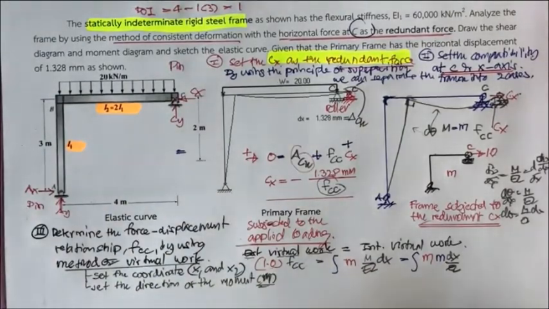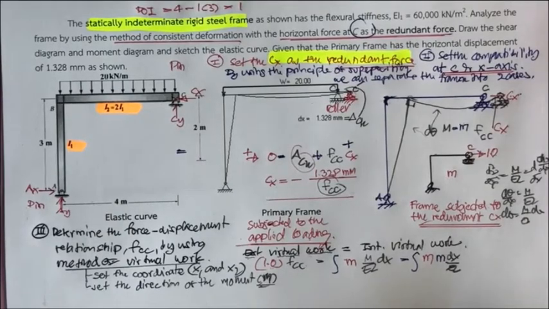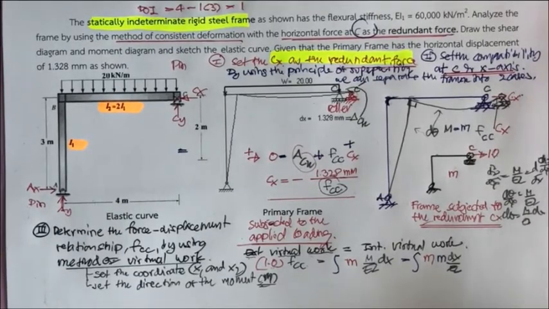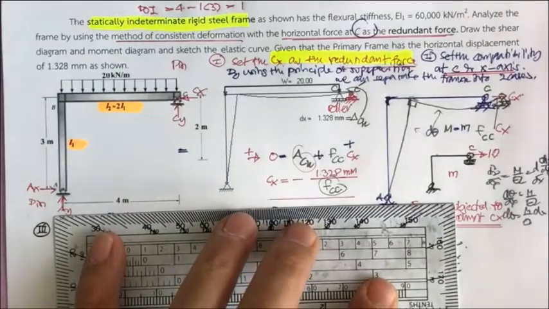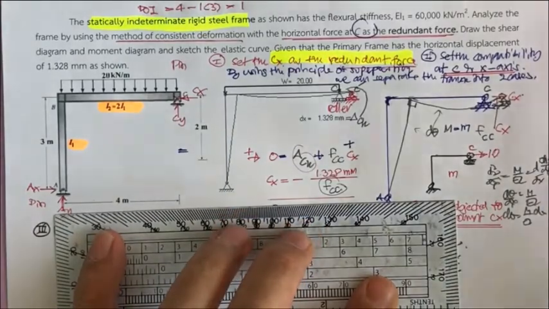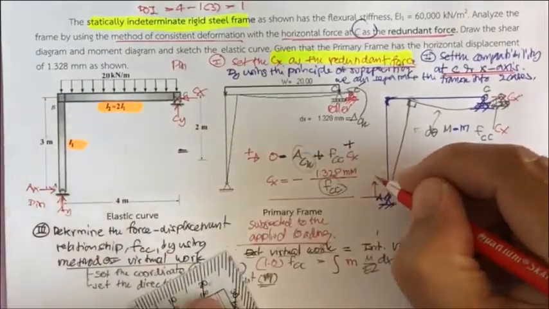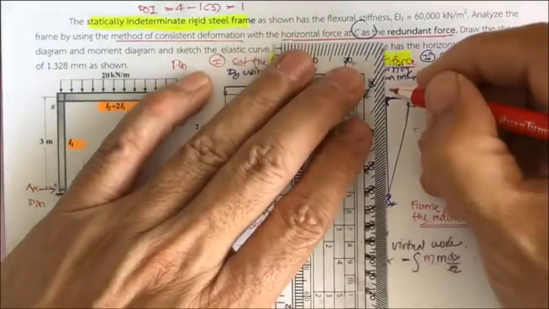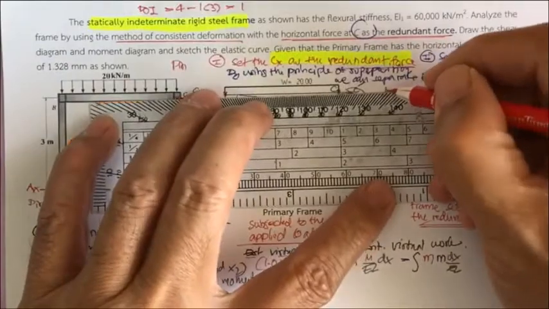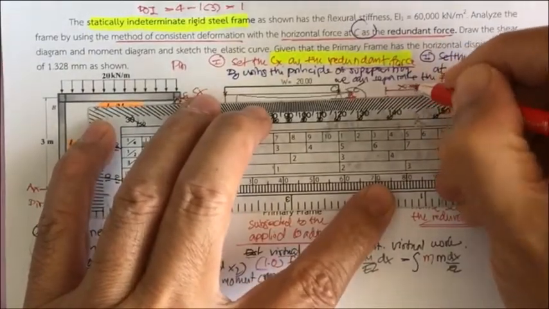So what would you like to set for this one? You may set this one as x1, and this one as x2.